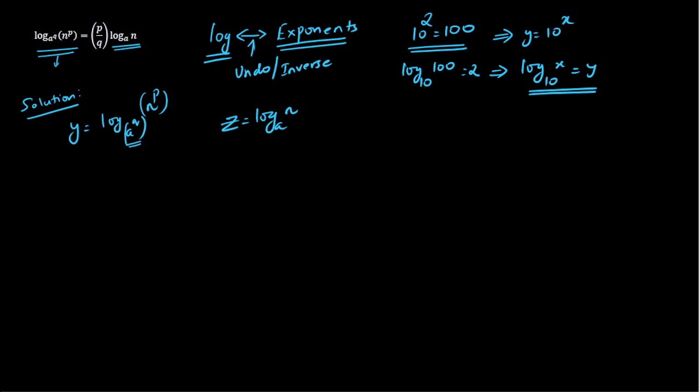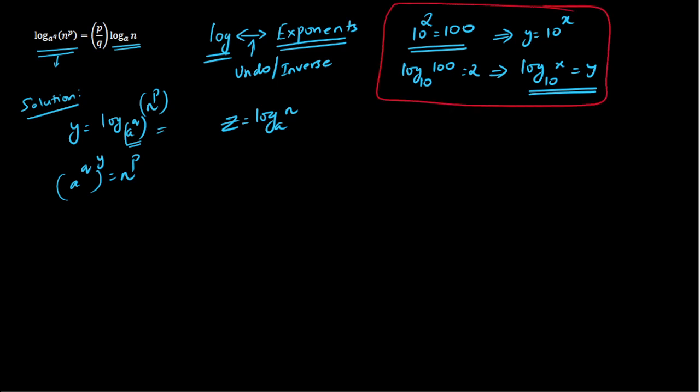So as you all know, a to the power q to the power y is actually n to the power p. That is a basic definition. As we saw here, this is how the logarithm is supposed to be.